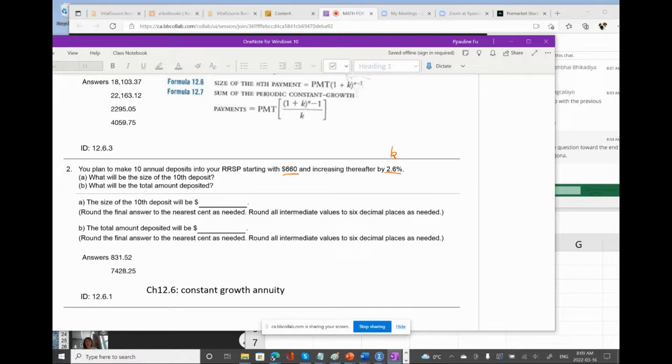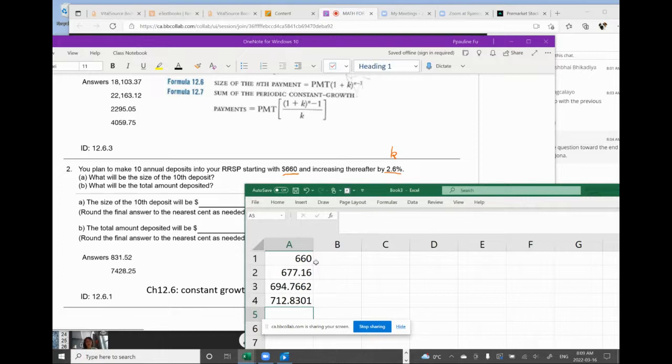So right now I give you the answer. This is the size of the first year. This is the size of the second year, $677. And this is the size of the 10th year.